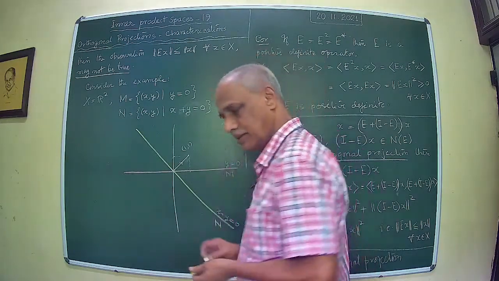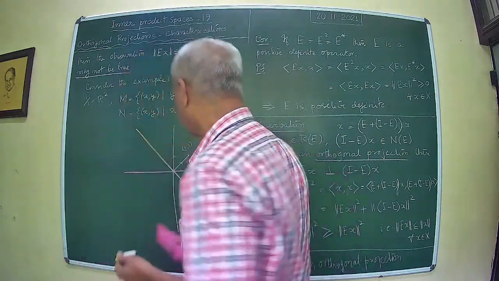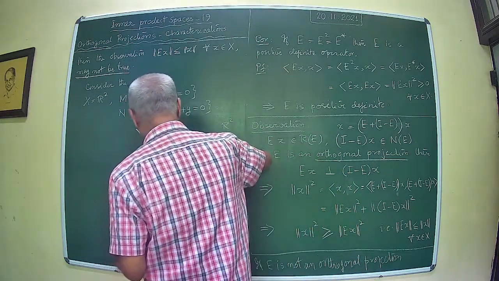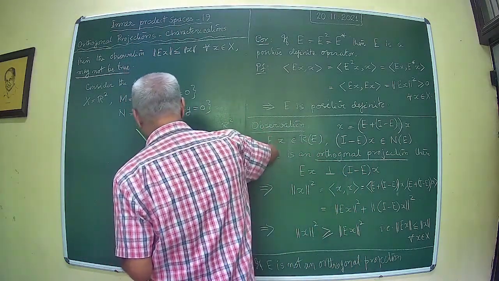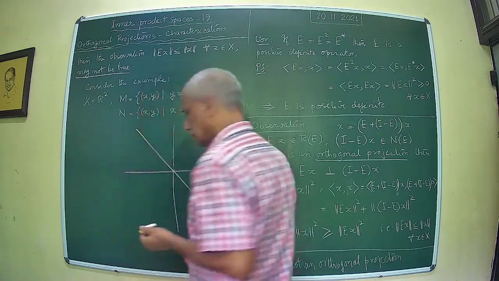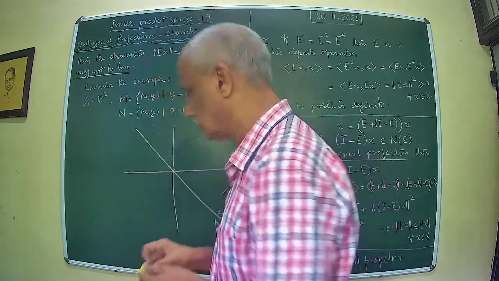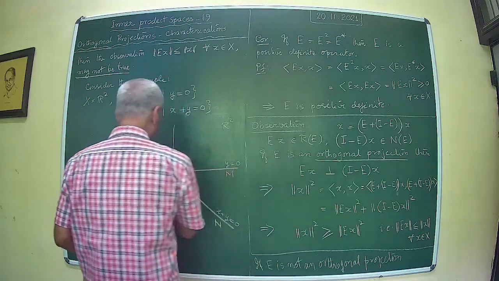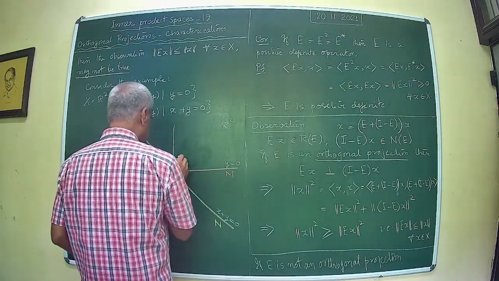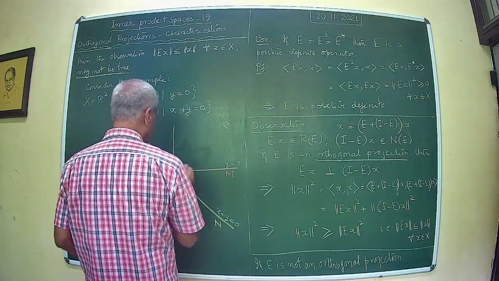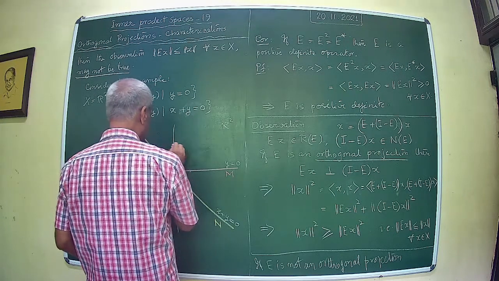All that I want is to show that there is a vector with this property. So let me take 1, 2. It's 1, this is 2.